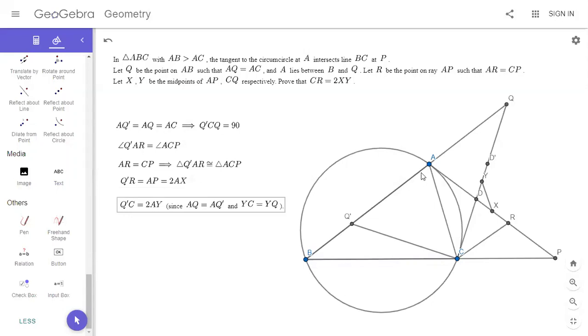And so then we want to try to show that angle AYX is equal to angle Q prime CR. And Timo said that that should just sort of be an angle chase. I think he's right. I'm just sort of thinking it through in my head here.